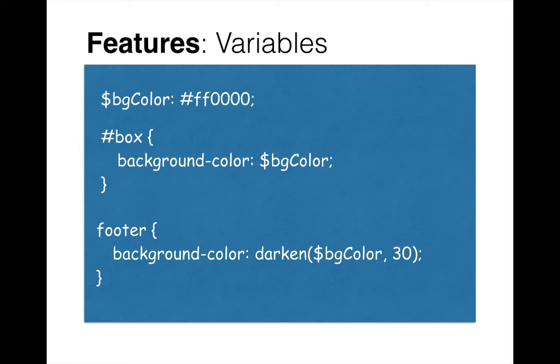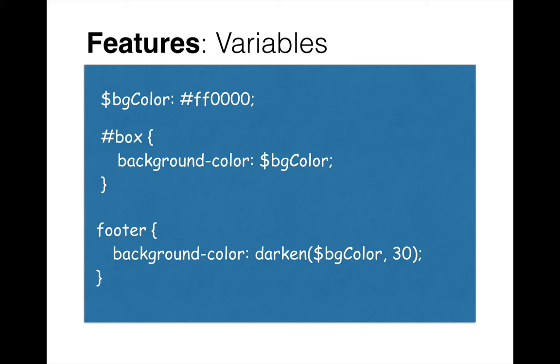You can also create some modification to the color. For instance, here I am using darken BG color 30. That means that this red will be 30% darker than the original BG color.